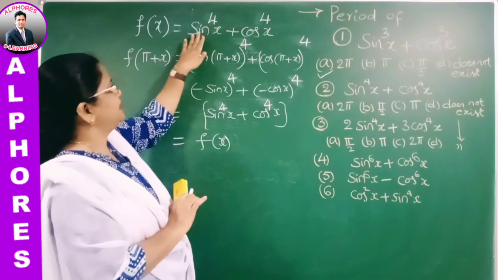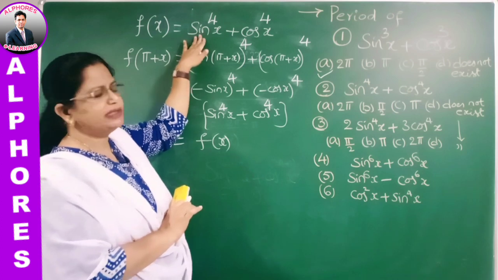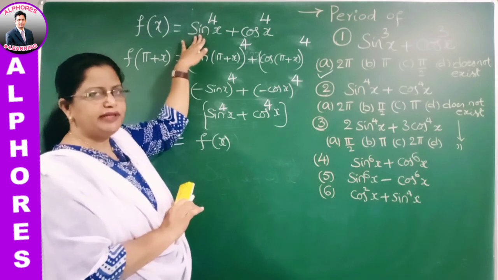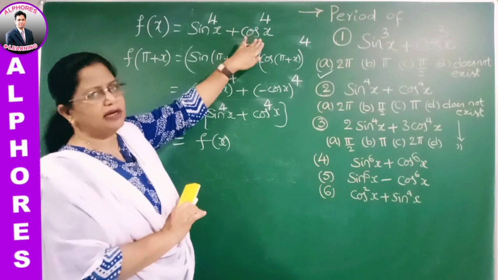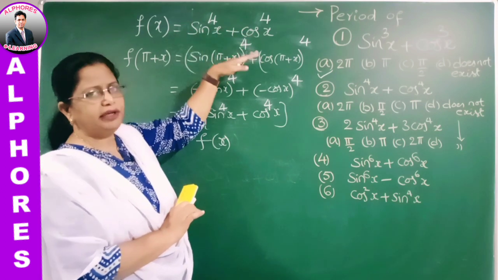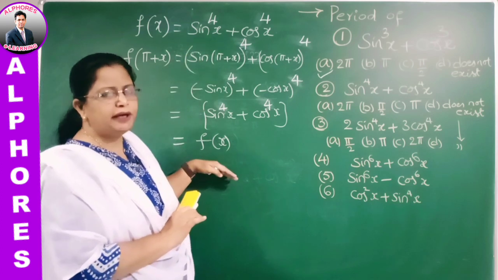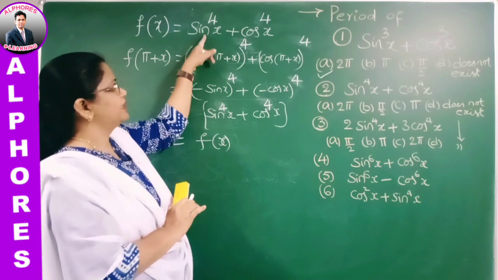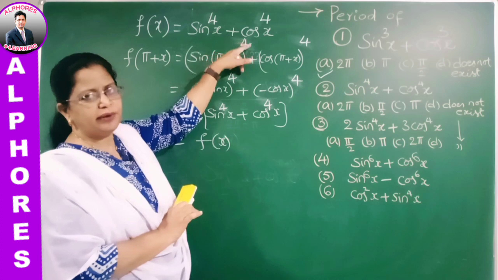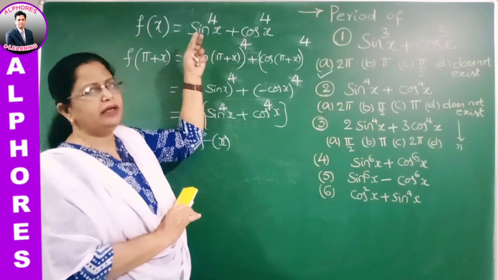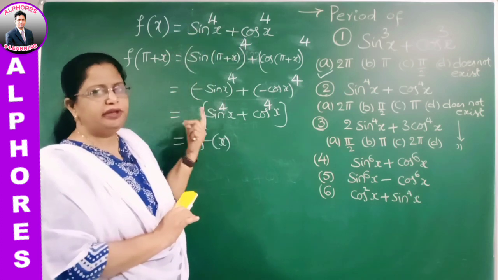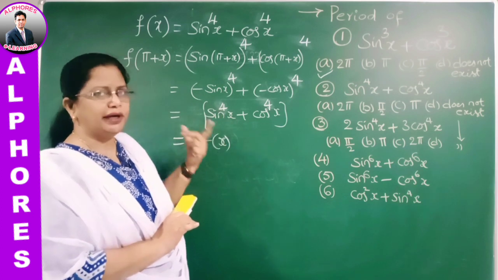And if instead of sin power 4x you have cosecant to the power of 4x plus cos power 4, then also we have to compromise here itself. Otherwise you proceed further for pi by 2, because sin of 90 plus is cos, or cos of 90 plus is minus sin, and based on that concept we are going for pi by 2 also.